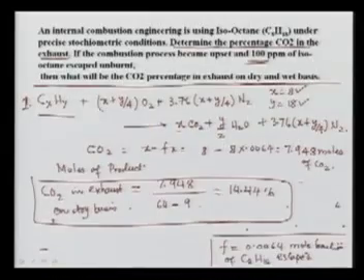Sometimes as air pollution engineers, we need to report something on the dry basis. So you learn from this example that we can report the CO2 concentration on the wet basis and the dry basis, and also under the condition when some part of the hydrocarbon got escaped unburnt. So that is another example that we have done.